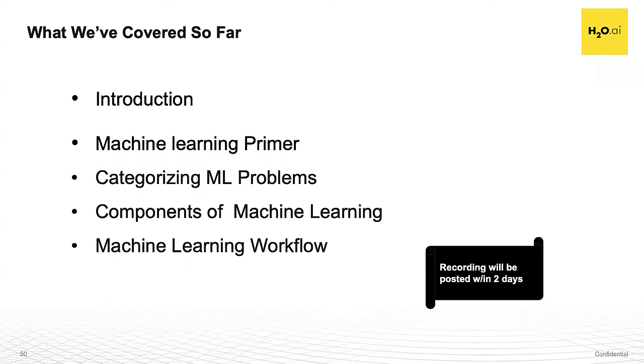What are the important components of machine learning? Data, features, and algorithms. And then all of this together into an end-to-end machine learning workflow. So this was all that we covered today.